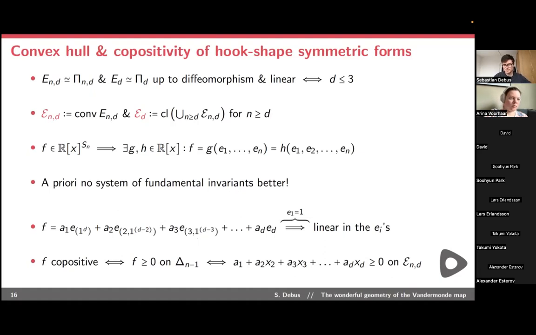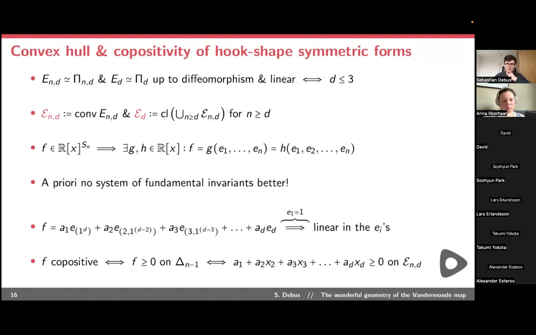In this hook-shaped symmetric form, we set the first elementary symmetric polynomial equal to 1. This is restricting to the probability simplex, where E1 is equal to 1. When we do so, we obtain a linear polynomial in all other elementary symmetrics: a1 times 1 plus a2 times E2 plus a3 times E3 and so on. This is a linear polynomial in the E_i.